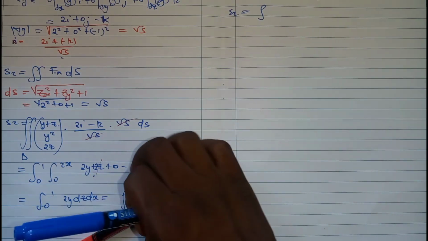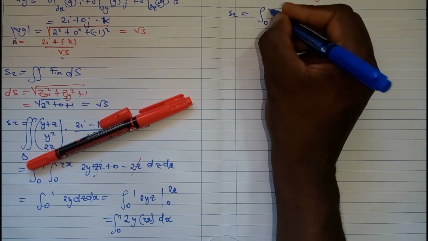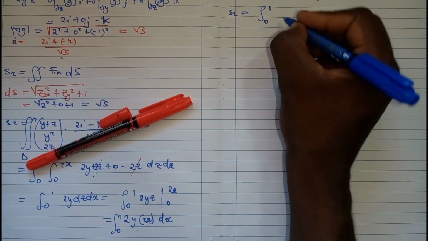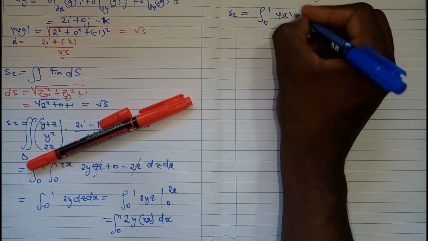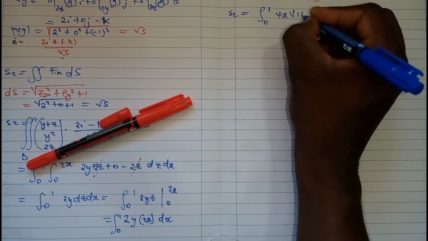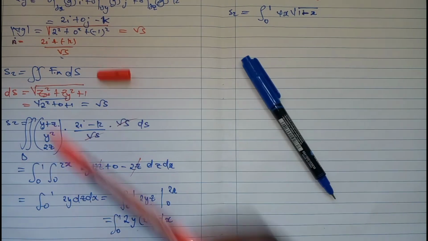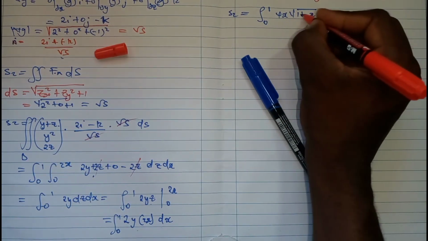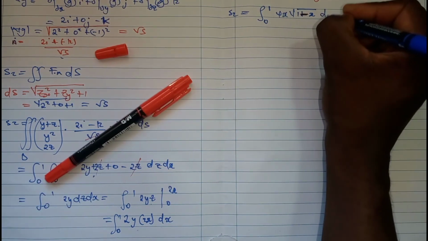So we're going to have the integral from 0 to 1, and we're going to have 2 times 2, that is going to be 4x, the square root of 1 minus x. It's not going to be a positive, so this one is a negative. Okay, and we're going to write dx here.